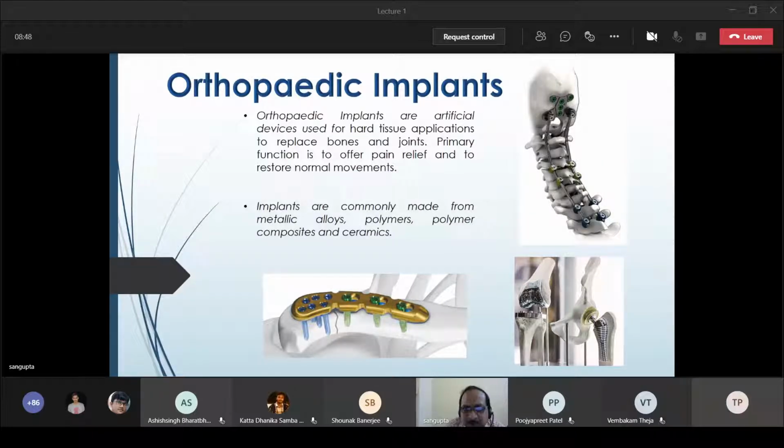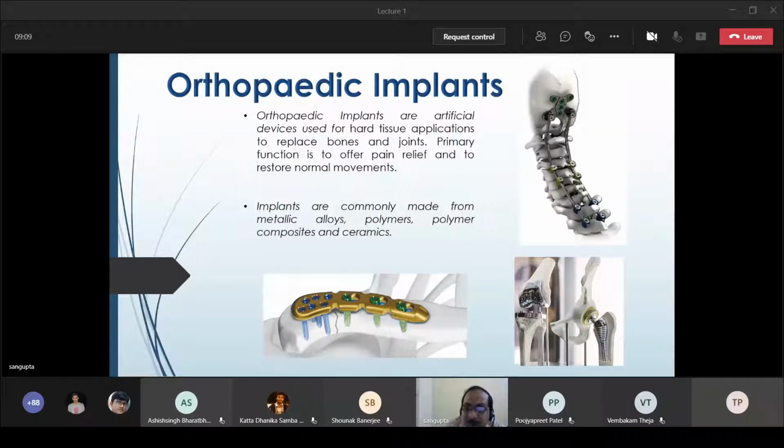So the primary function is to offer pain relief and to restore normal movements. So an artificial device of any sort that can replace bone and joints.